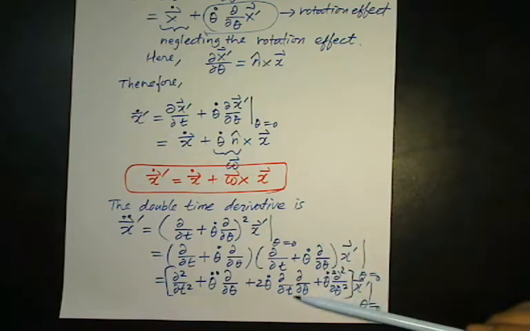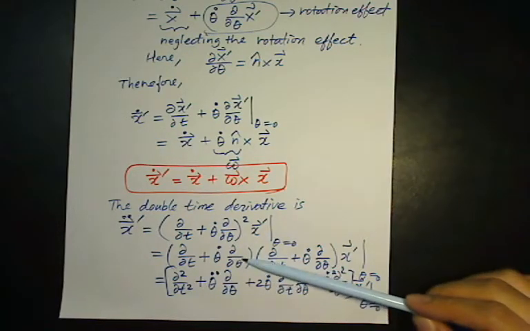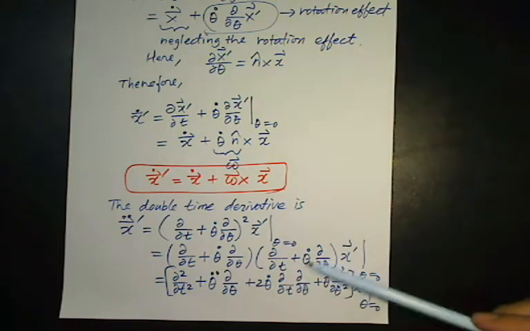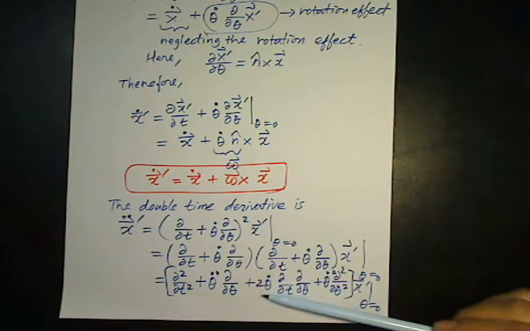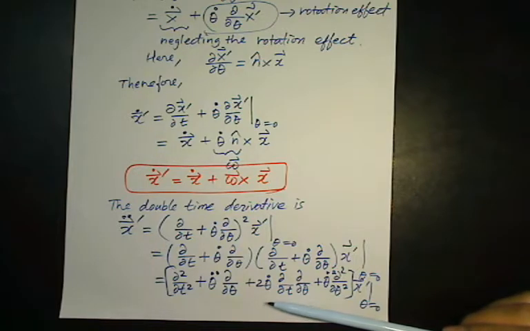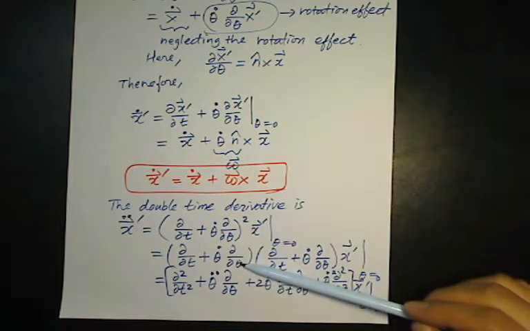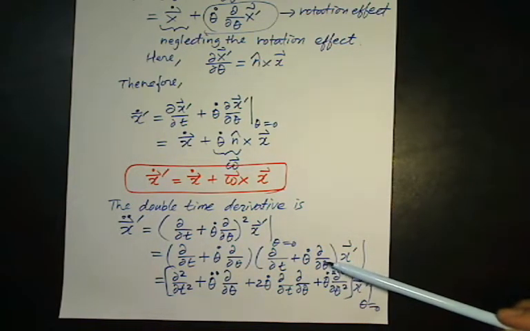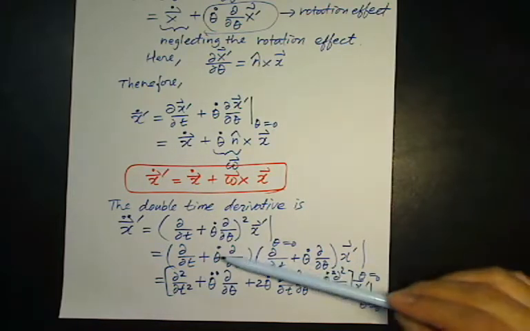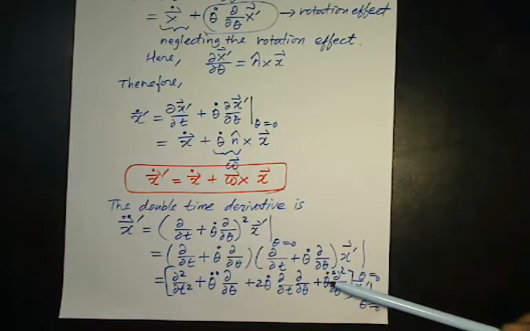Then we have a mixed double derivative of time and angle. Here, this one also gives 1, so we have a factor of 2 in the mixed term. And this one has a double angular velocity, it's the square, and the double angle partial derivative.